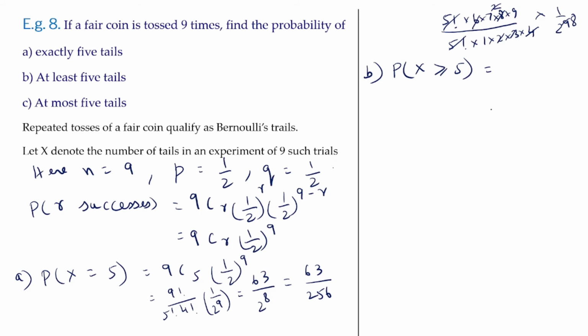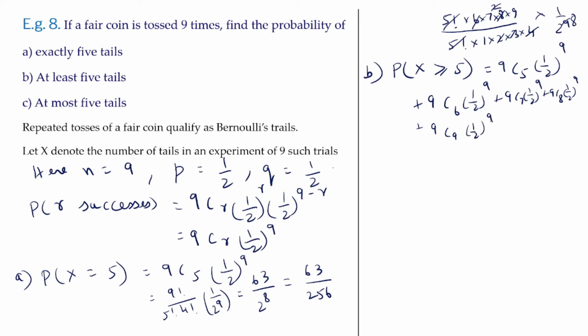So that will be 9c5 half raised to 9 plus 9c6 half raised to 9 plus 9c7 half raised to 9 plus 9c8 half raised to 9 plus 9c9 half raised to 9. So here half raised to 9 is common.